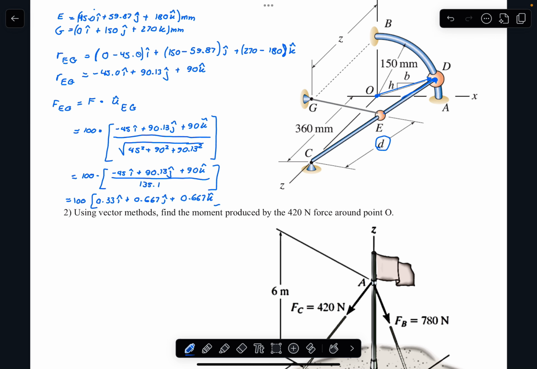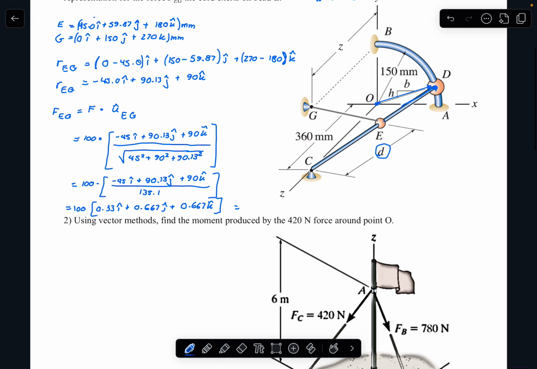Now we just have to multiply it by 100, and this will give us our components. So 100 times 0.33 is just 33 newtons in the i hat direction, plus 0.667 times 100 in the j hat direction.